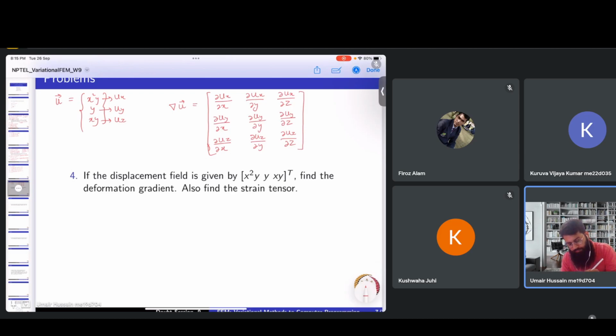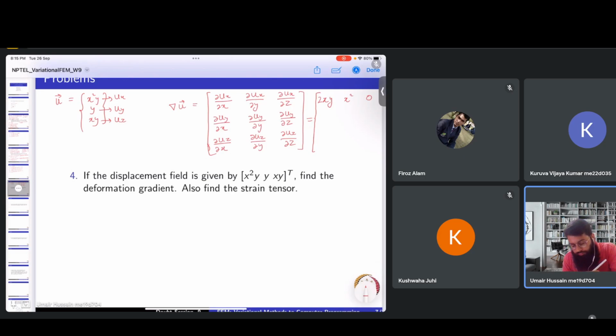So what are these values? Dou ux with respect to dou x is 2xy, right? And dou ux with respect to dou y will give x square. Then dou ux with respect to dou z is 0. There's no z term.